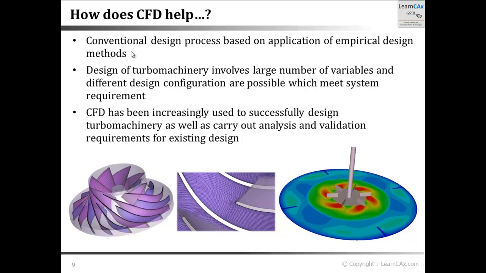So CFD is used during the conceptual design process as well as after the design process in order to validate or rectify a particular design. The images below show examples of CFD applied to turbomachinery equipments, like mixing equipment, and also the mesh around the blades that is shown here.